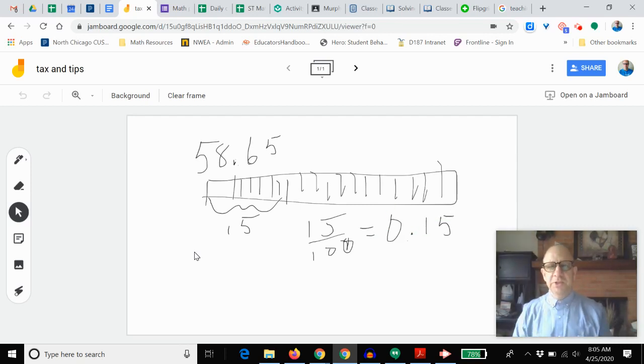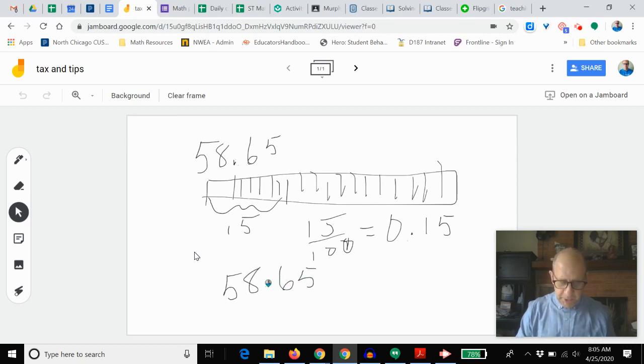So decimals change into percents by multiplying by 100, and percents change into decimals by dividing by 100. So if we take 58.65 and multiply by 0.15, that's what we've been doing.